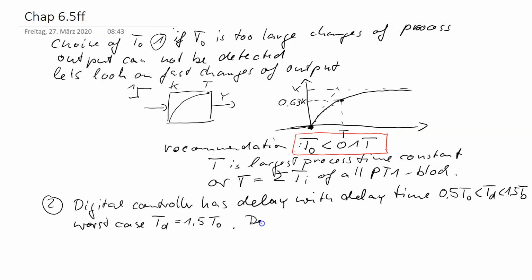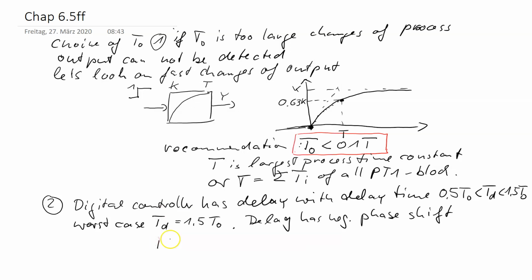A delay has a negative phase shift. The size was discussed in the Control System 1 lecture. You can look in old notes. I give you the result.